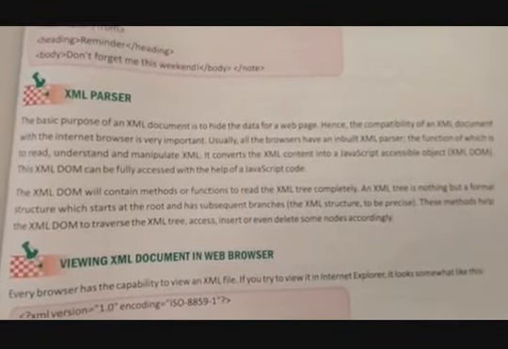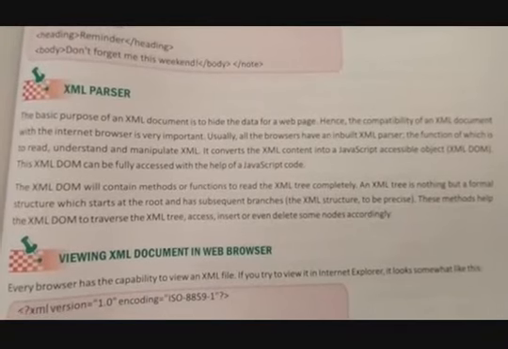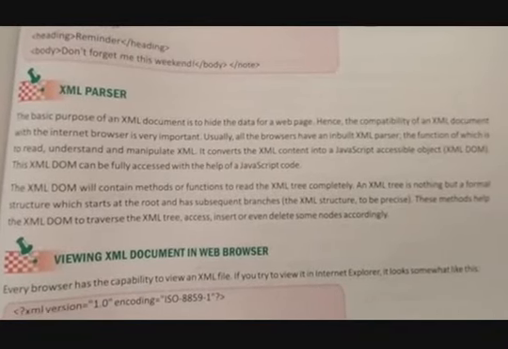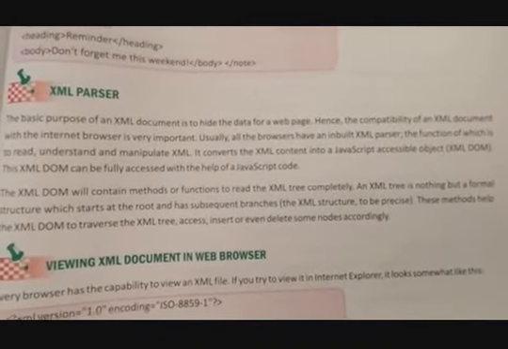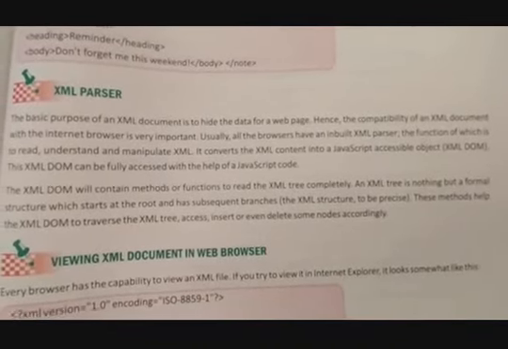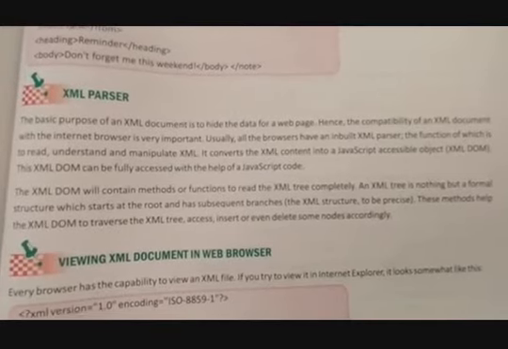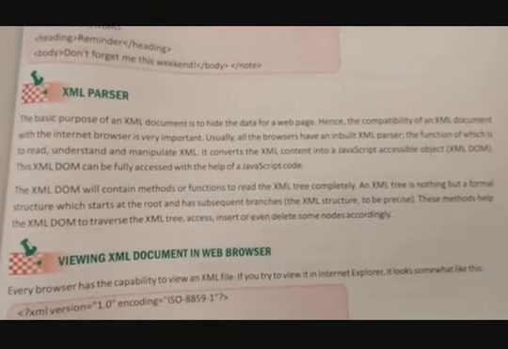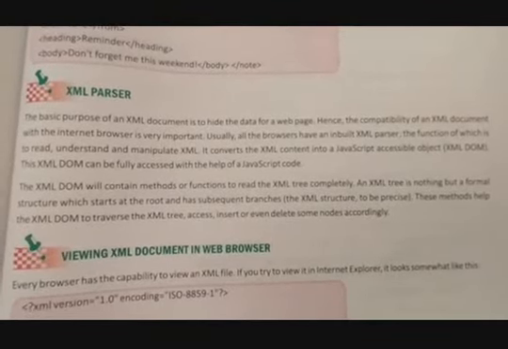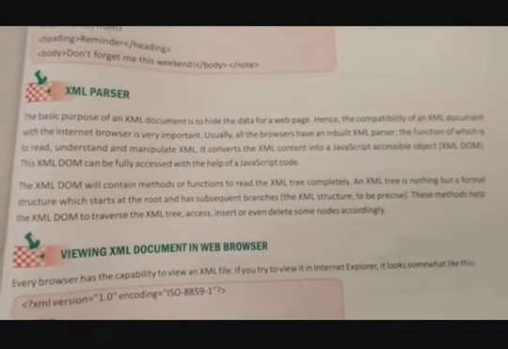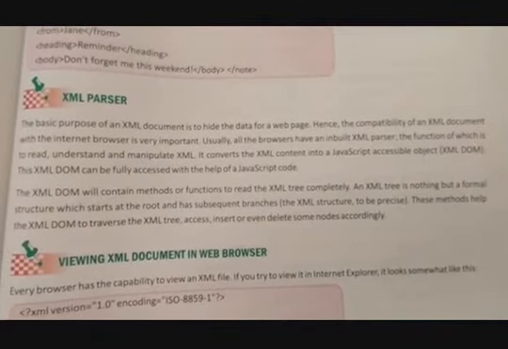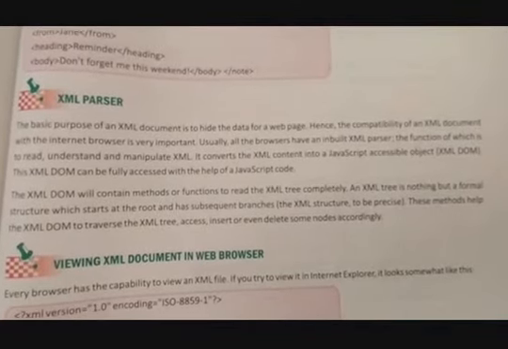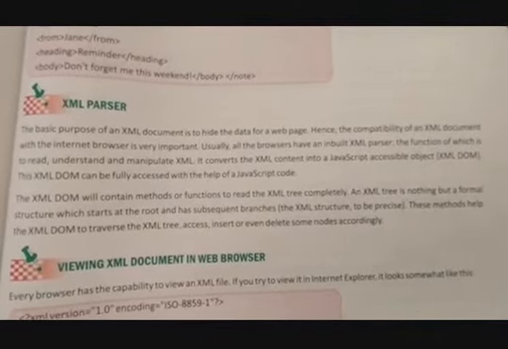So students, your browser will convert all XML content into a JavaScript accessible object, that is called XML DOM. DOM means document object model. Whenever the data transmission is to be done between database and application, your browser is very important for converting your XML content into a JavaScript accessible object, that is called XML DOM.